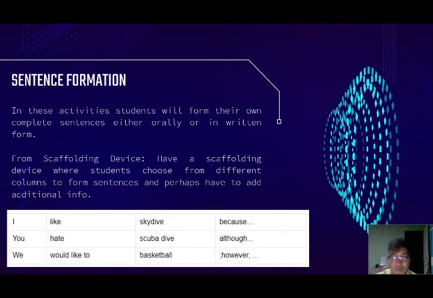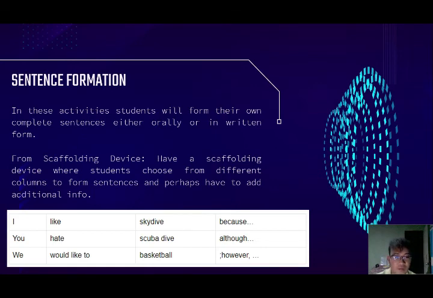Then the sentence formation. In this activity, students will form their own complete sentences either orally or in written form. We have a scaffolding device where students choose from different columns to form sentences and perhaps have to add additional information. So we have here a box with the different words wherein students can choose what to use and what to add.